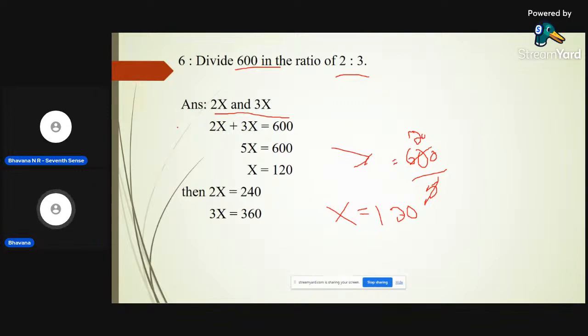Next. So here we can substitute the x value. 2 into 120 is equal to 240, and 3 into 120 is equal to 360.